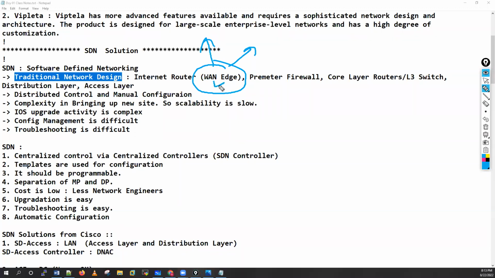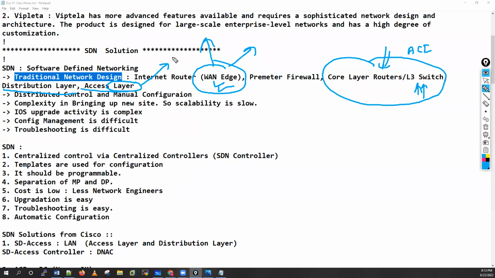So to manage these particular routers efficiently, we have the SD-WAN solution. To maintain or manage your core layer routers or layer 3 switches, which are your Nexus 9K switches, we have ACI, which is also one of the SDN solutions. To manage your LAN network or LAN switches, which are your access layer switches and distribution layer switches, we have one of the SDN solutions known as SDXS.